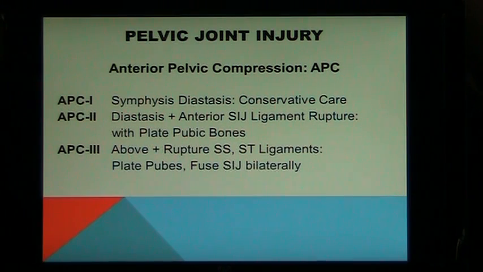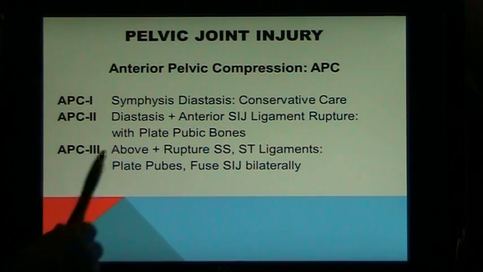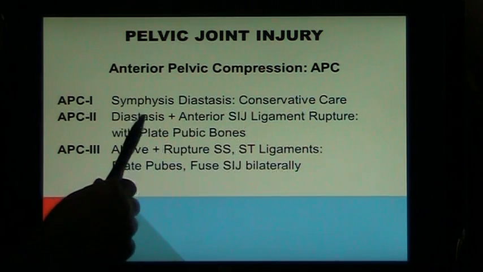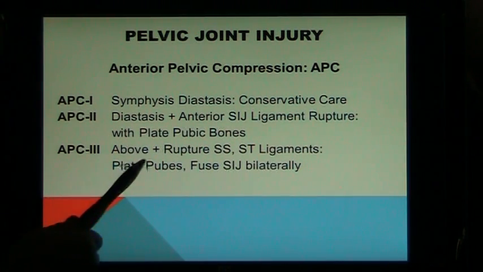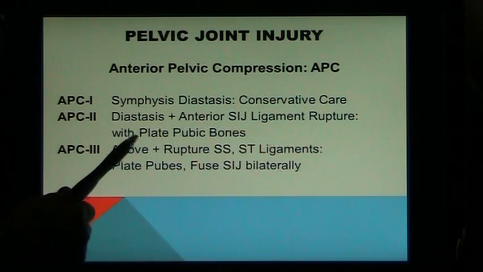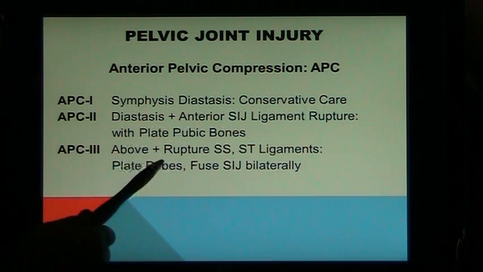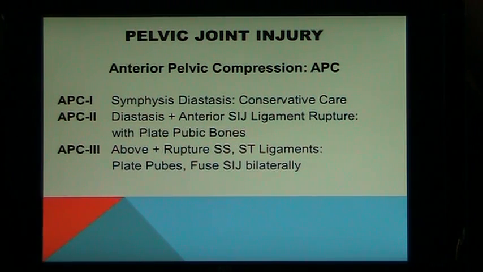An APC type 2 involves a symphyseal diastasis, the same as the type 1, but the anterior SI ligaments rupture, and these people are treated with plate screws, surgical fixation of the symphysis pubis. Now, an APC 3 includes the above two ruptures of the pubic joint and the anterior ligament, but also the lower ligaments of the SI rupture, which are the sacrotuberous and the sacrospinous.